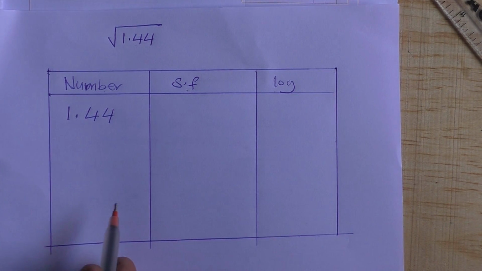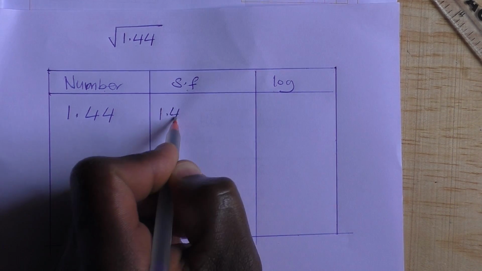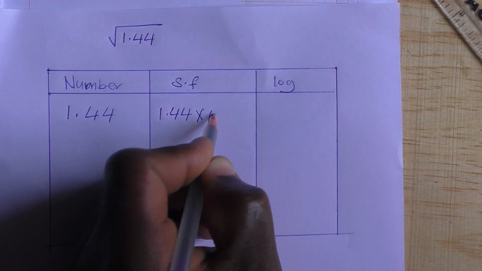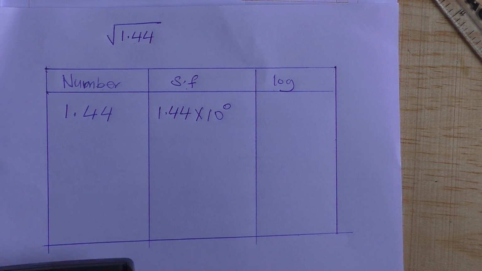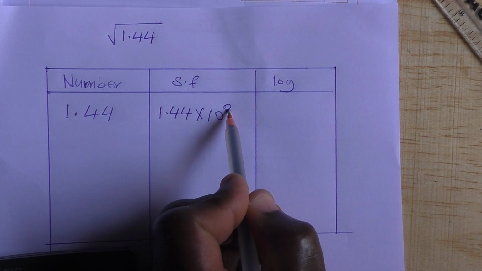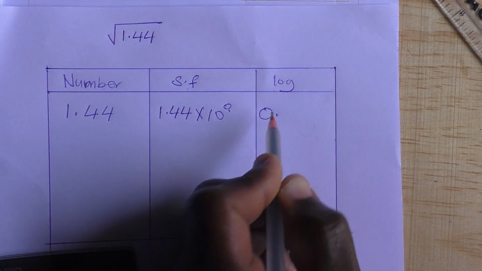We change this number into standard form, which is 1.44 times 10 power 0. And when we are writing the log, we shall start with the power, so it is 0 point.